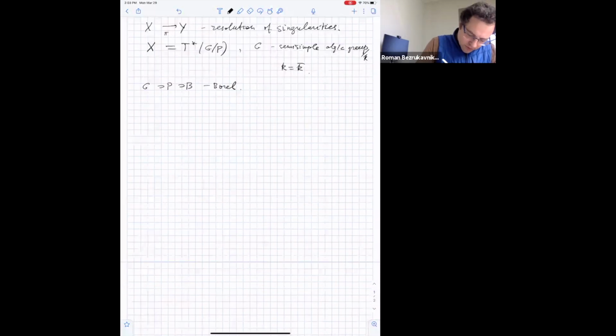Or we can say more generally, X is T star G mod P times S, where N is in the Lie algebra of G, the unit cone, and S is a transversal slice to a G orbit.